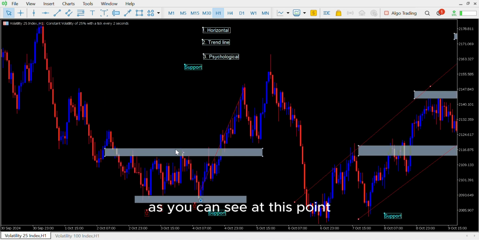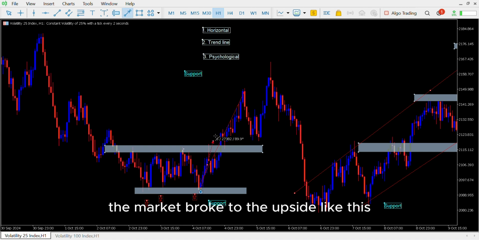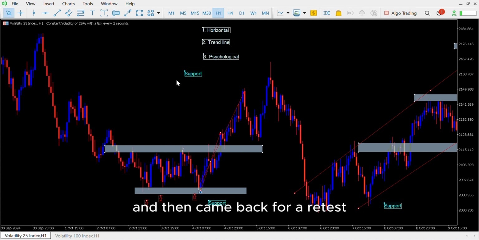As you can see at this point, the market broke to the upside like this and then came back for a retest.